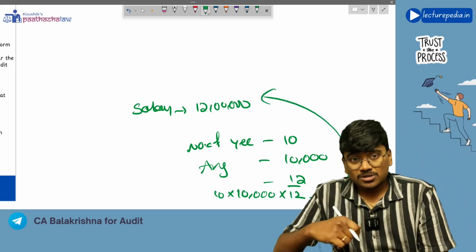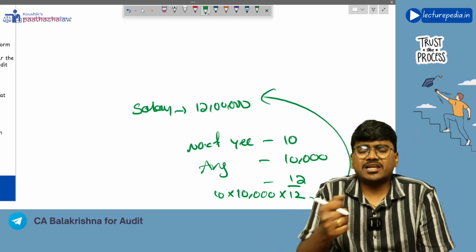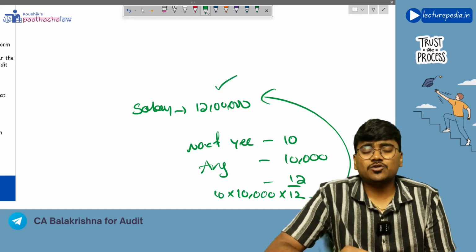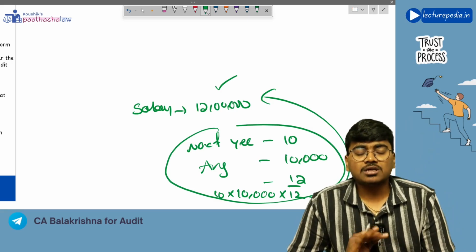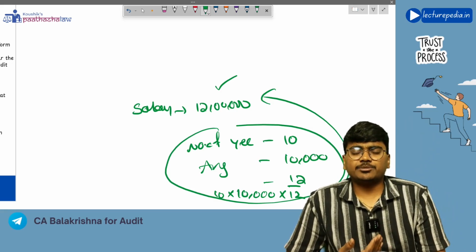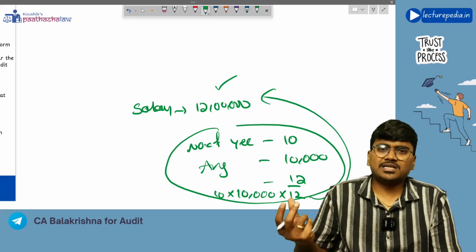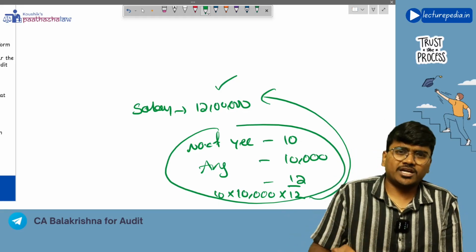So without verifying in detail each and every salary payment, you are getting evidence about this salary of 12 lakh rupees by performing this analytical procedure, correct or not? Analytical procedure is nothing but using the plausible relationship between financial and non-financial data and thereby expecting an amount. That is one type of analytical procedure.